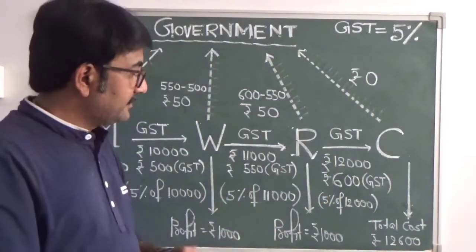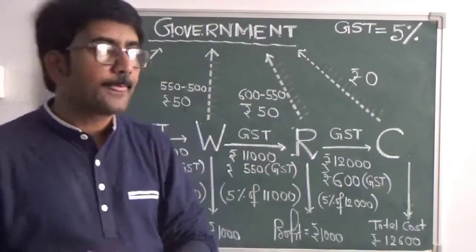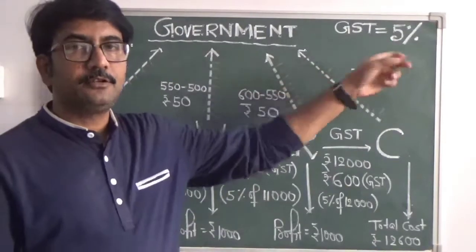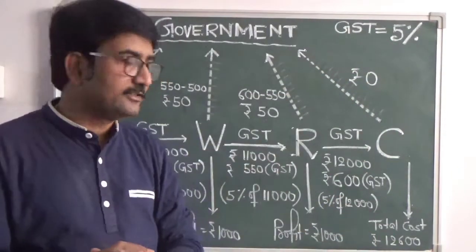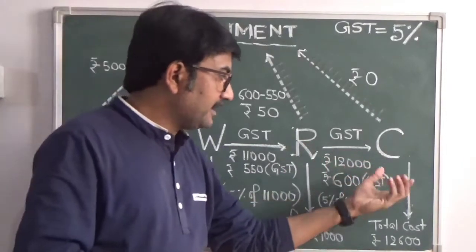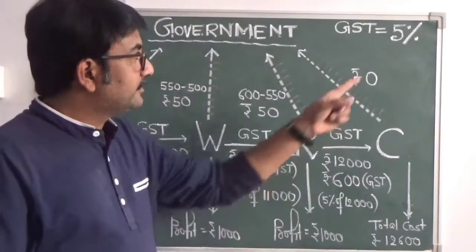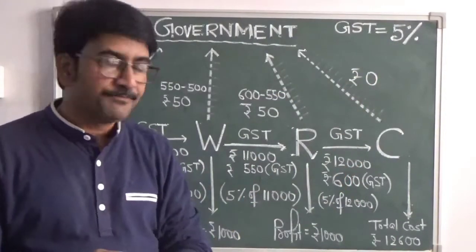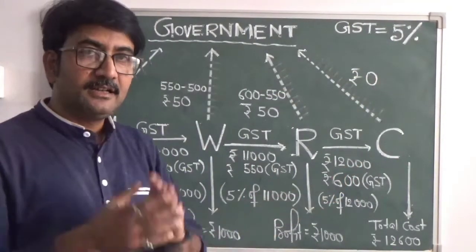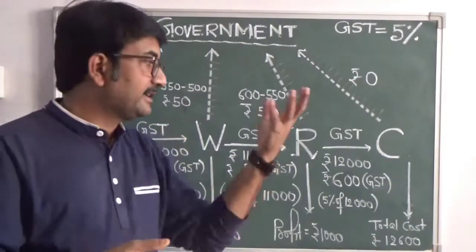The retailer now has to collect GST at the rate of 5% on rupees 12,000 from the consumer, or you can say the consumer now has to pay GST at the rate of 5% on rupees 12,000, that is 600. So 600 is the amount of tax paid by the consumer to the retailer.